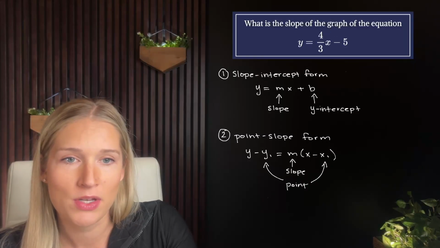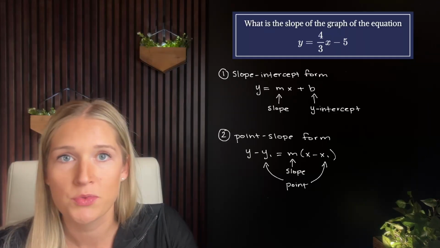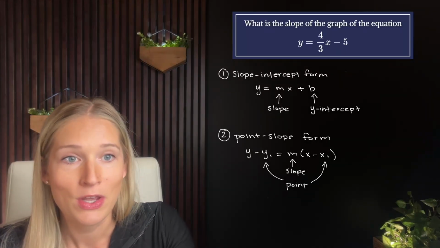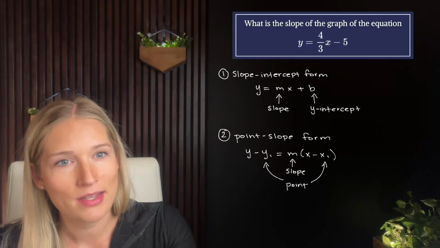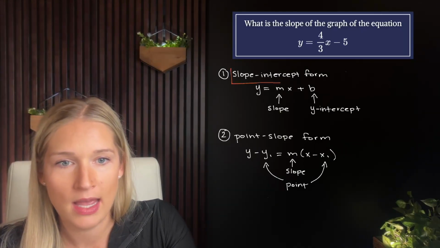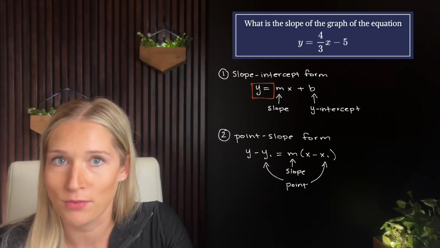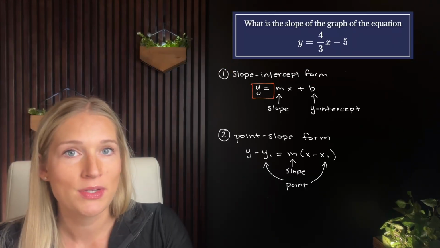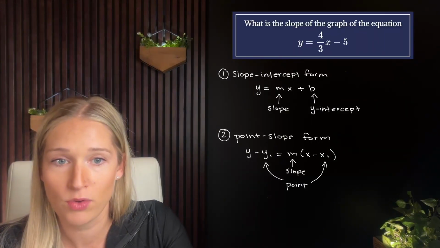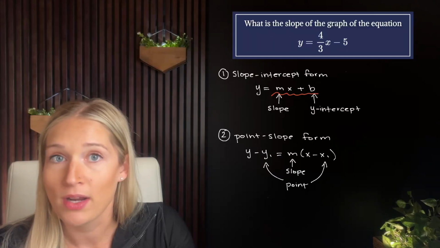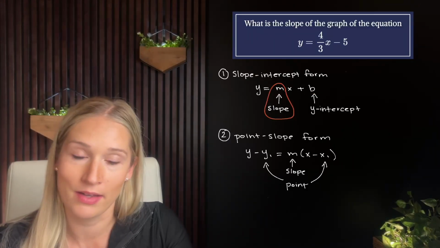So when I'm looking at the equation that we're given up here, what I want to do is relate it back to one of these forms. Which one is the most obvious to you? So I notice that y is already alone. So since y is alone, I think I want to look at slope-intercept form, because in slope-intercept form, the y is already alone. So what I'm going to do is make sure that the right side of my equation matches the right side of this formula, and then whatever number's in front of the x will be my m value or my slope value.